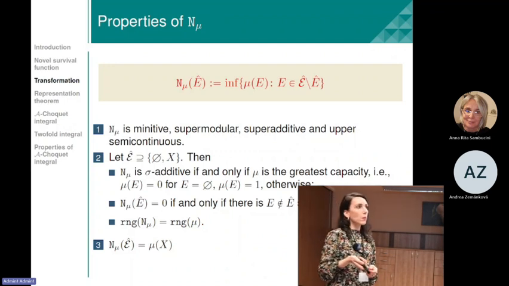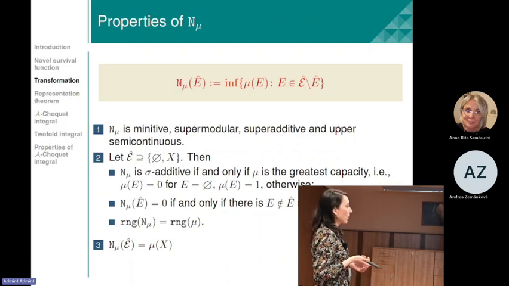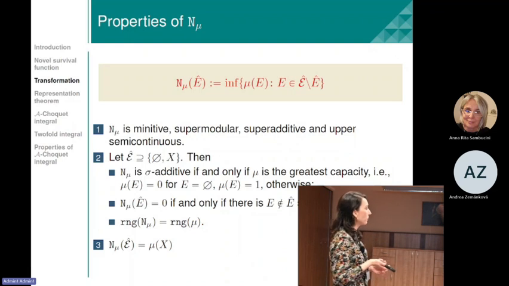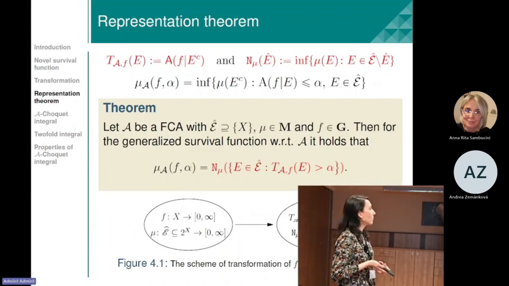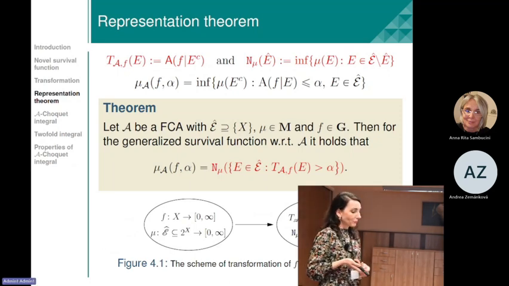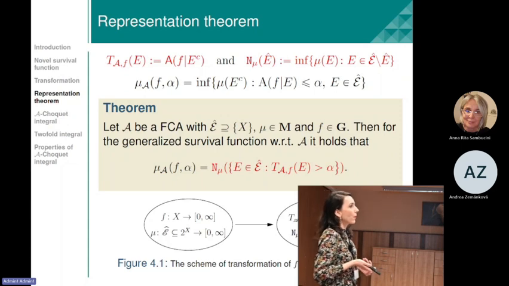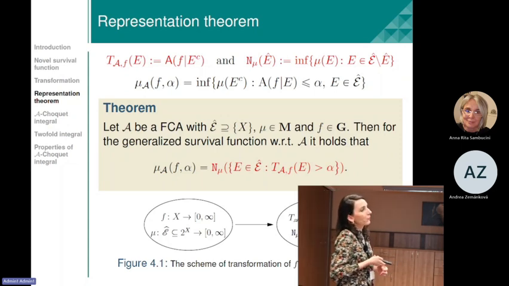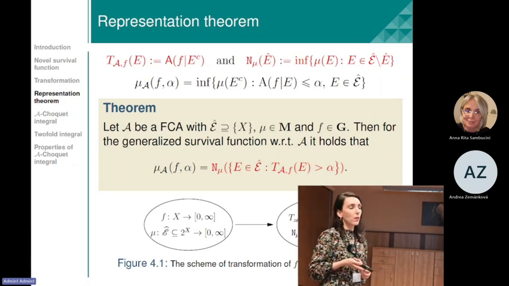The range of NME is equal to the range of mu, and NME of the input collection is equal to mu of the basic set X. So, the transformation of a monotone set function mu to monotone set function NME is a basic idea of our study.